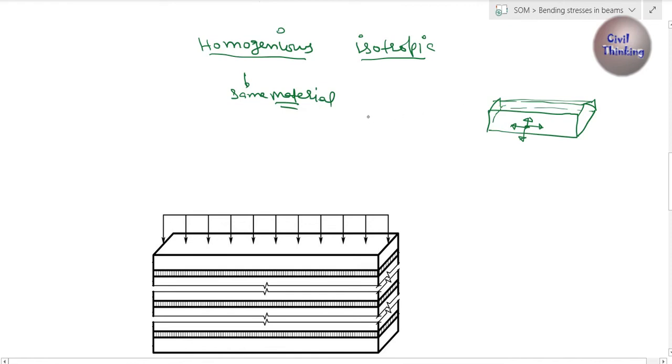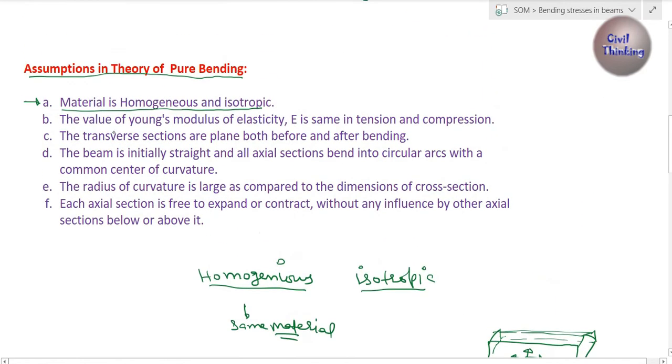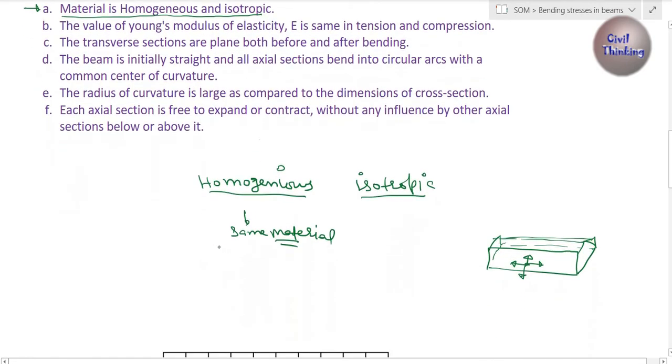And you can apply the theory of pure bending only when the body is homogeneous and isotropic, right? That is, it is made of the same material and the elastic properties are the same in all the directions. Only then you can apply the theory of pure bending.